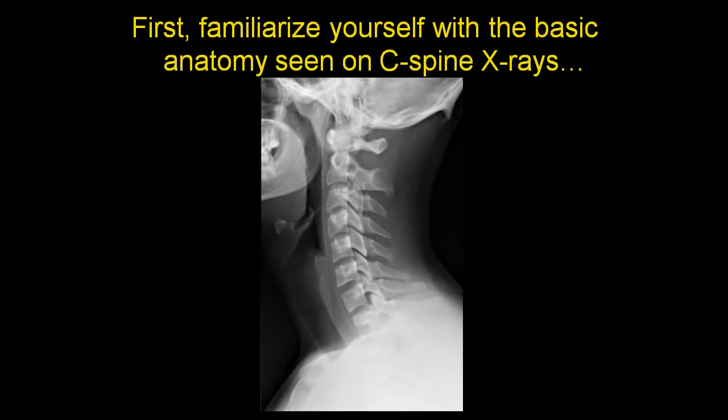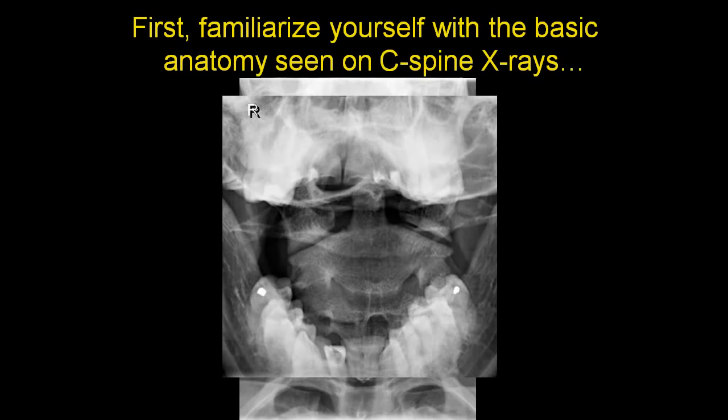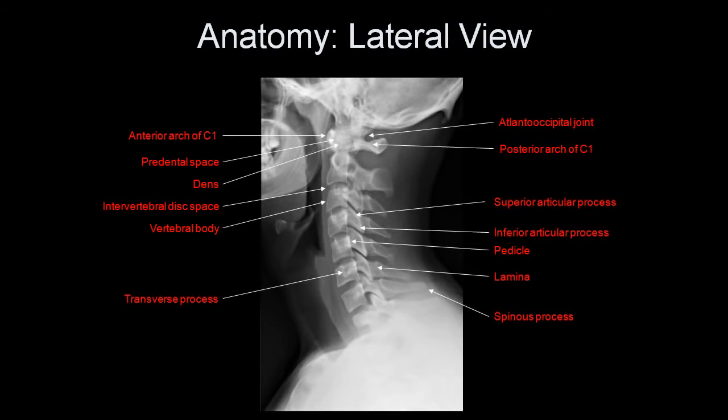First, it's very important to familiarize yourself with the basic anatomy seen on cervical spine x-rays. That includes the lateral, the AP, and the odontoid views.